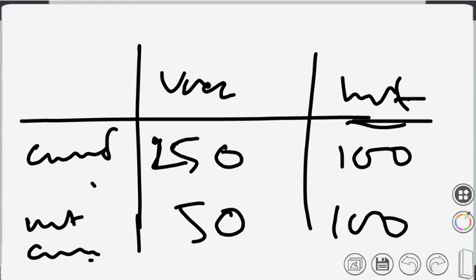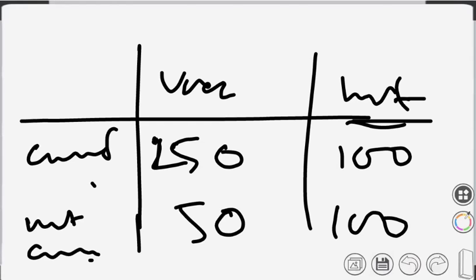So vaccination is effective and vaccination is not effective. Mind that the null hypothesis is vaccination is not effective. The alternate hypothesis is vaccination is effective. Vaccination is not effective means the cure is independent of vaccination.